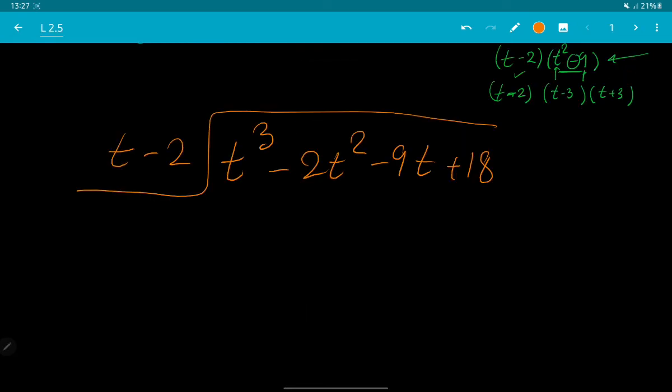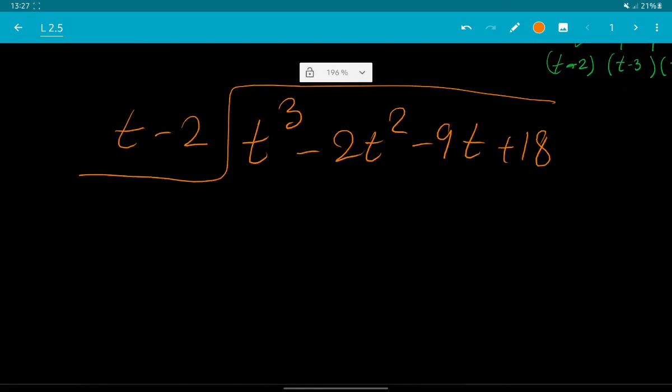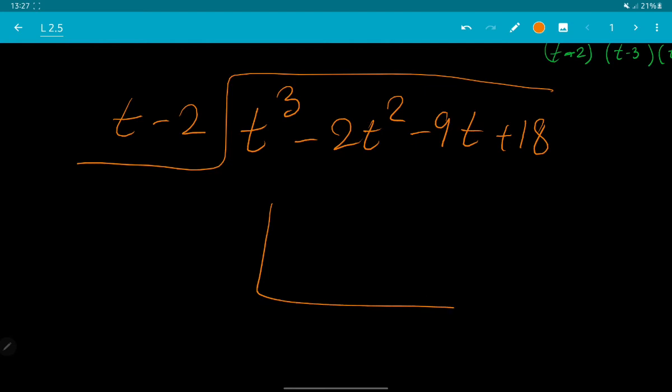Can you try to do this? You can stop the video and try to do this by synthetic, or you can do it by long division. So let's do it quickly by synthetic. 1, negative 2, negative 9, 18. And this is positive 2. Now drop this 1. 1 multiplied by 2 is 2. Add them, it's 0. 0 multiplied by 2 is 0.